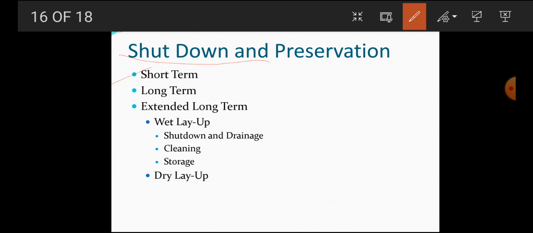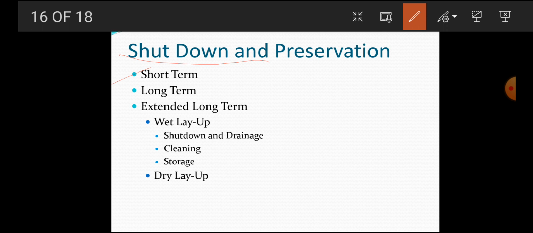So water is kept as it is and we are simply closing the power and closing all the valves. So that is short term.